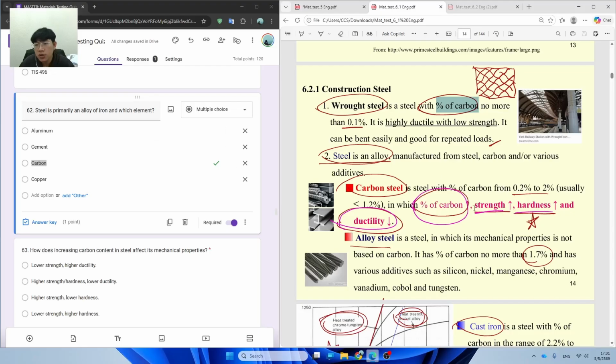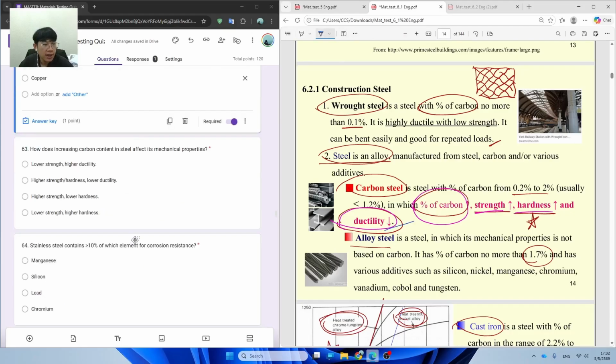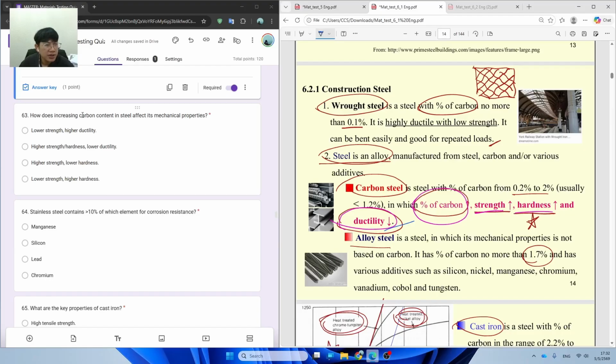So the more carbon that we put inside the iron, the strength and hardness are going to increase, but the ductility is going to decrease. So this is the note. And how does increasing carbon content in steel affect the mechanical property? When it has a higher percentage of carbon content, it produces higher strength and hardness, but lower ductility.